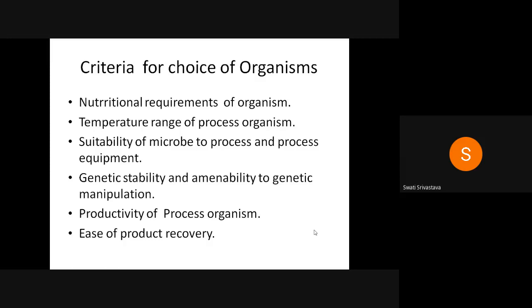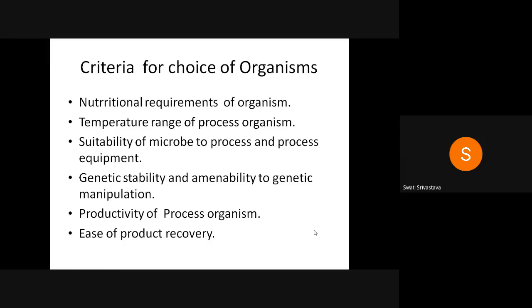Then next is the genetic stability and the amenability to genetic manipulation. Now, if the strain that you are isolating is highly mutable, that means today this strain is producing high contents of acid, but when it mutates, it loses the capacity to produce that high content of acid.